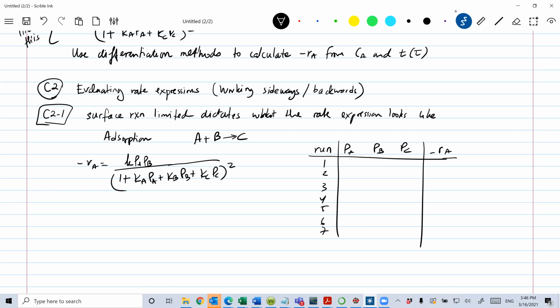So let's say you fix A, you fix B, and you change C, and the rate goes up. Let's say it goes 0.1, 0.5, 0.7, and now it gets 0.7, 0.7.